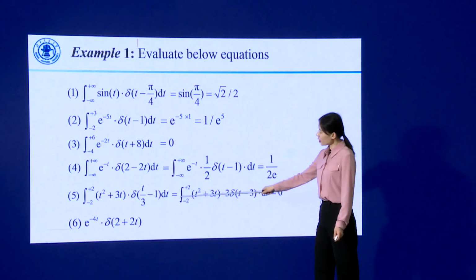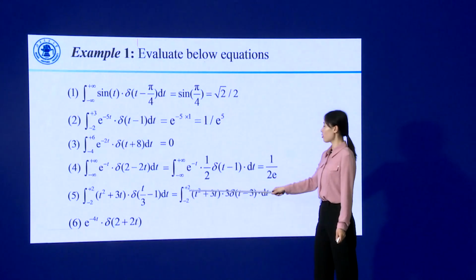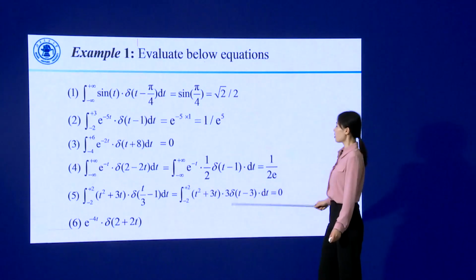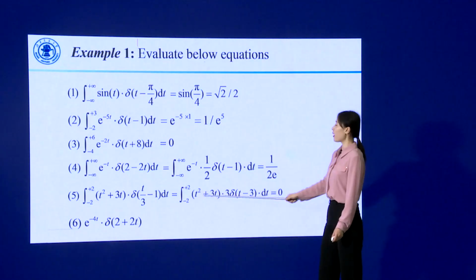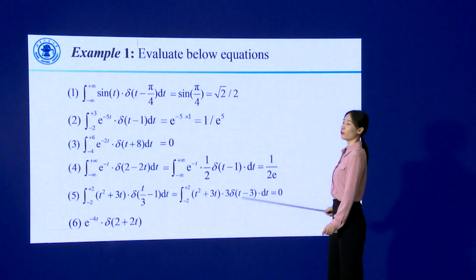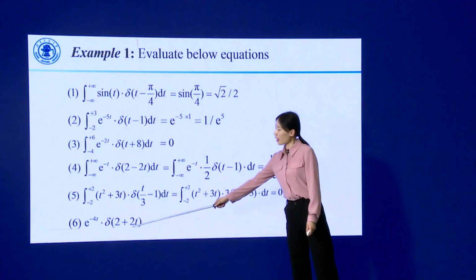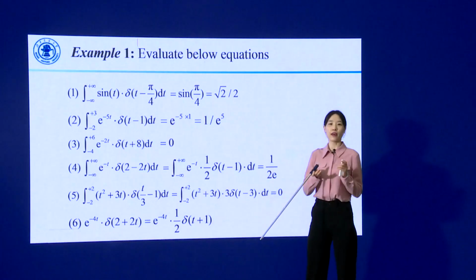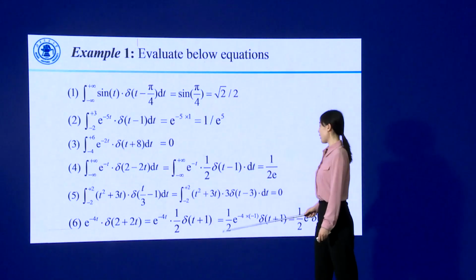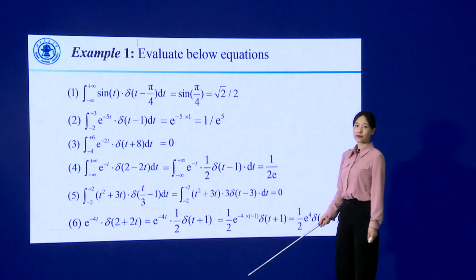Now, the integration interval does not include the point when t is equal to 3, thus the final result is equal to 0. For the last equation, we can use the filtering property and the scaling property, and we get the final result.